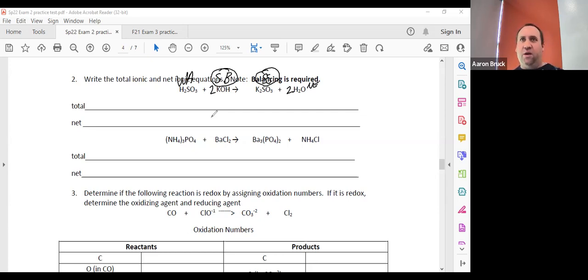If it doesn't, we know to keep it together. So weak acid stays together. Strong base breaks apart. And we got to make sure that we keep the coefficients with it. So this is going to be 2 potassium ions and 2 hydroxide ions.